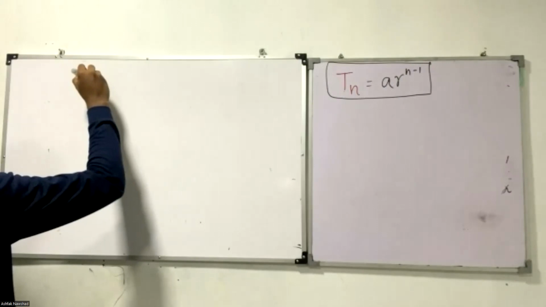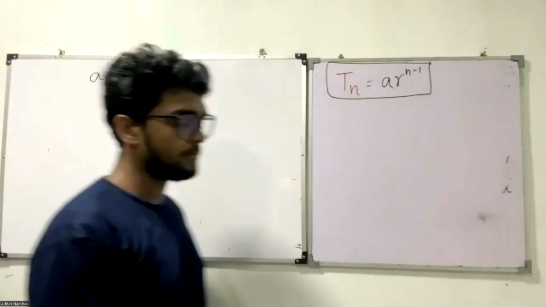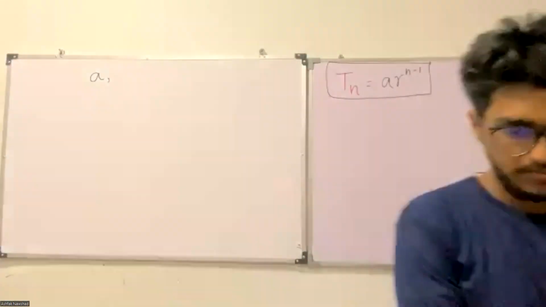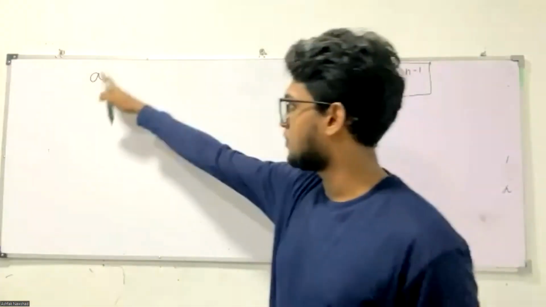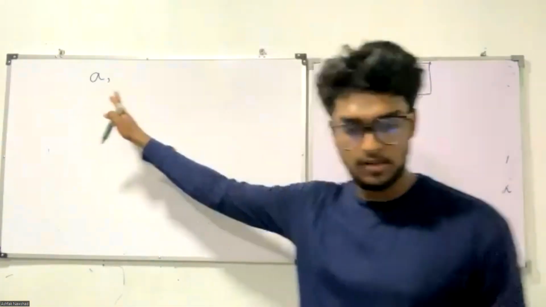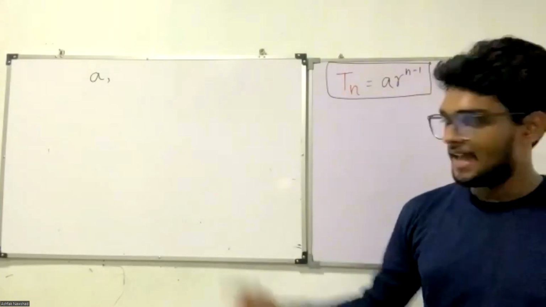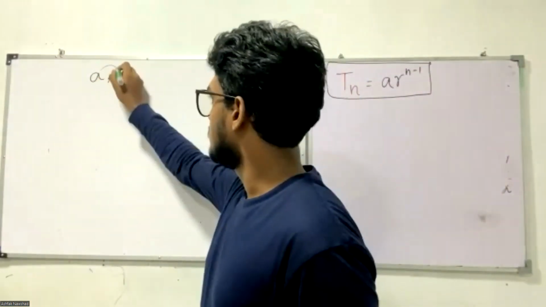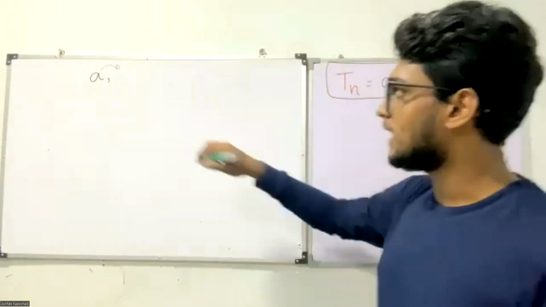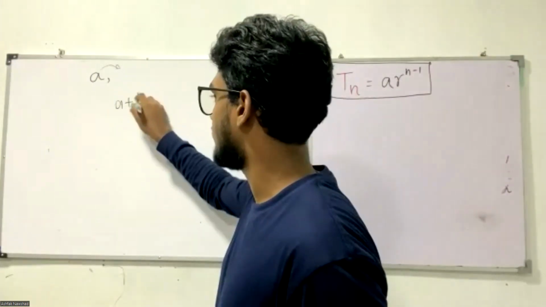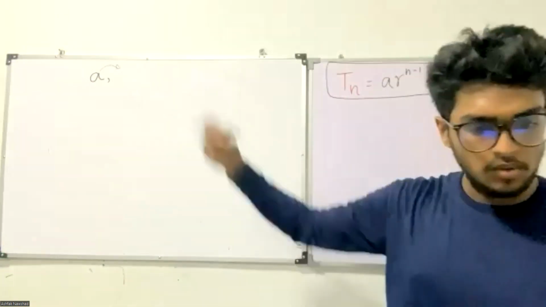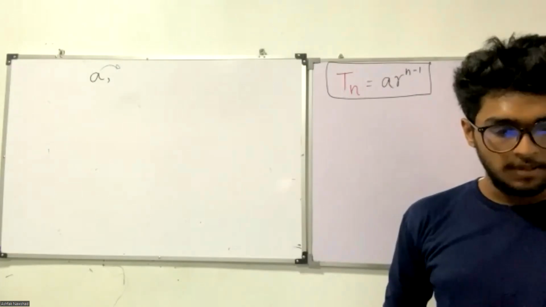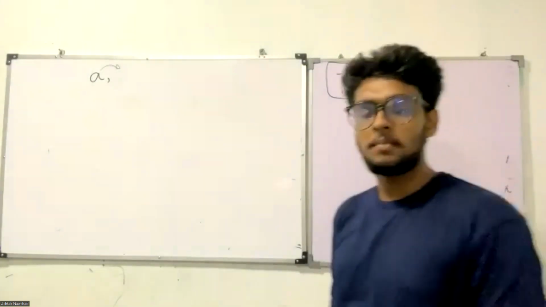Like we know, the first term is always A. In arithmetic progressions as well as geometric progressions, the first term is A. And the second term: in arithmetic, we just added the difference. What do we do in geometry? We multiply it by the ratio.